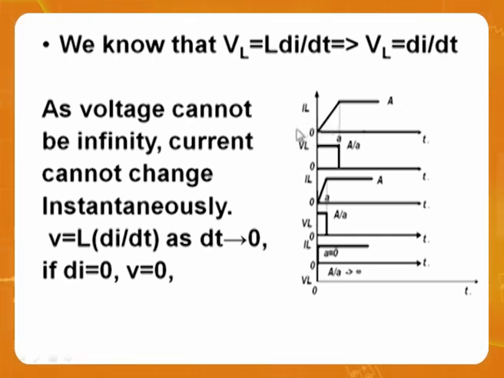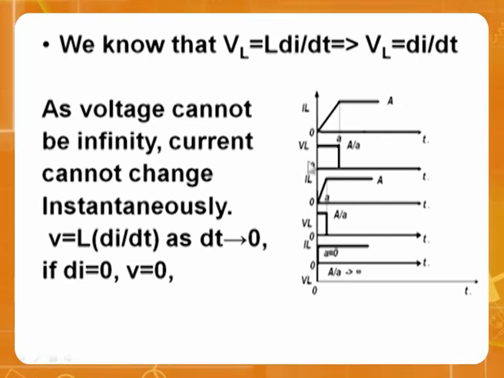So whenever before is 0 and after is 0, voltage is finite. 0 before and 0 after is valid. But 0 current before and suddenly jumping, because dt is 0, ends up in infinity. So please understand, as infinite voltage is meaningless, the change is meaningless.